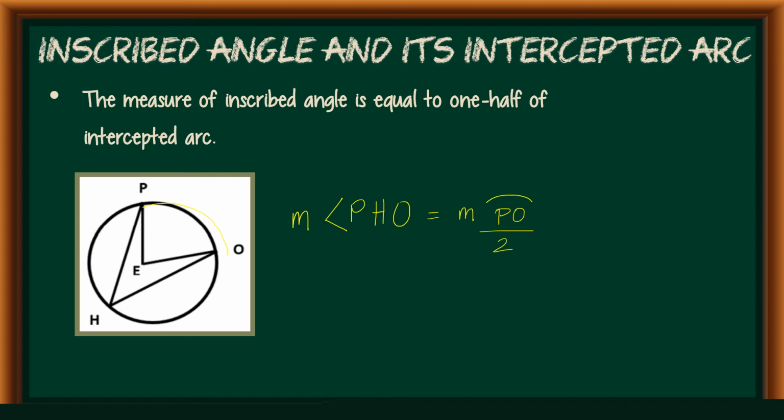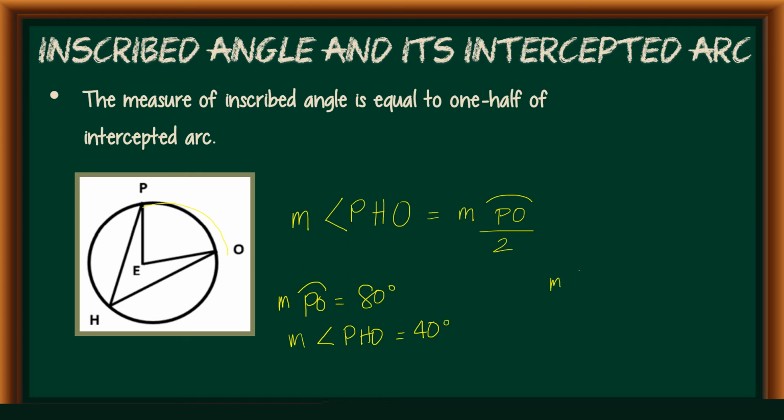It is half of that. So, if the measure of arc PO is, say, 80 degrees, the measure of angle PHO, the inscribed angle, is 40 degrees. It is always half.